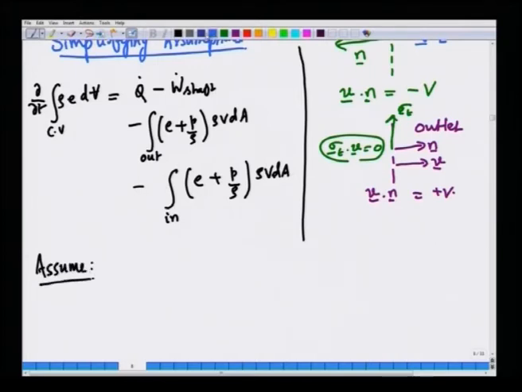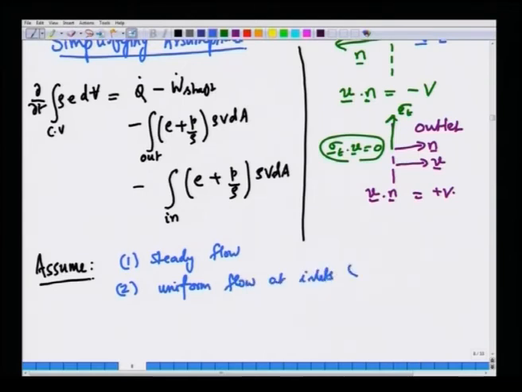Now, I am going to assume steady flow. Now, uniform flow at inlets and outlets. This means that quantities such as u, v, p, etc., within this integral are independent of the cross section area and they are constants.